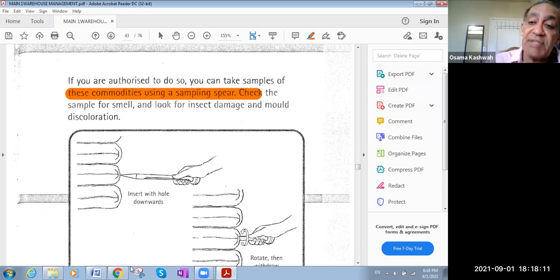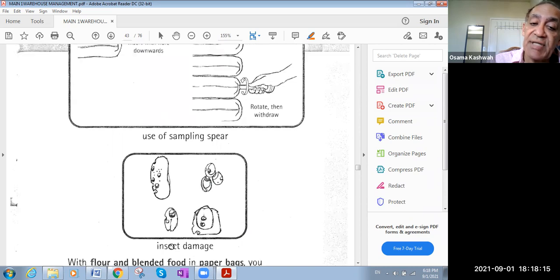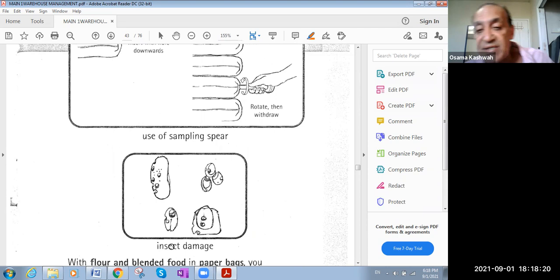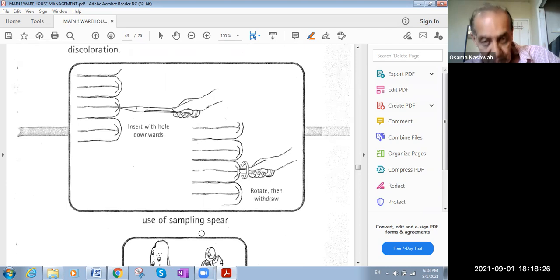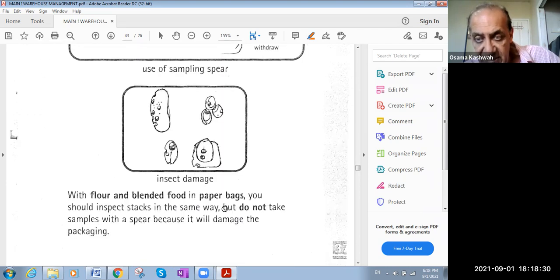Take the samples from time to time and check whether they are based on the standards, or whether there are problems like insects or moisture. So take a sample, check it, see if it matches the standards, or whether there are some deviations or problems regarding the production itself, or regarding the storage system itself.